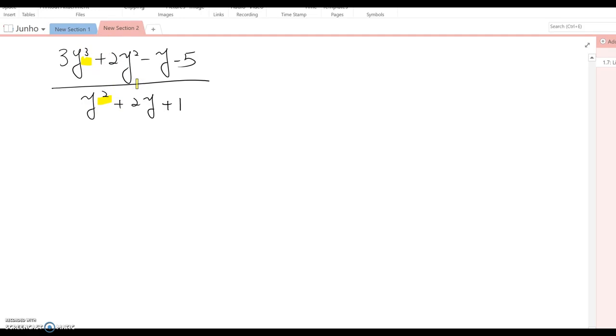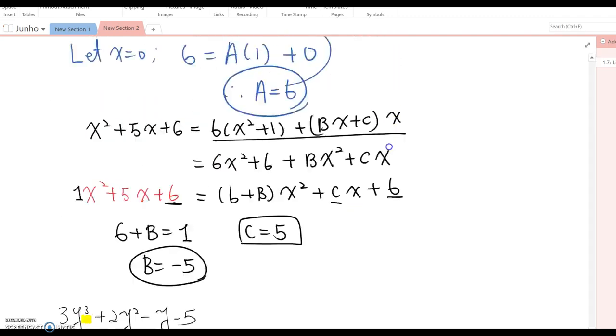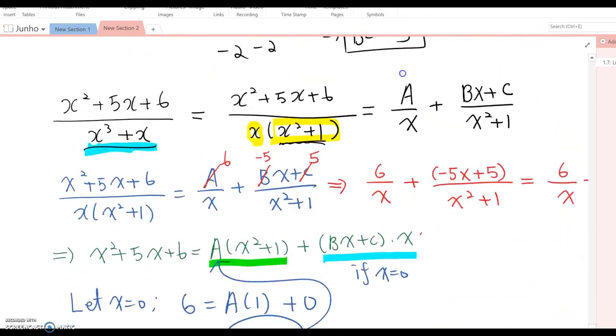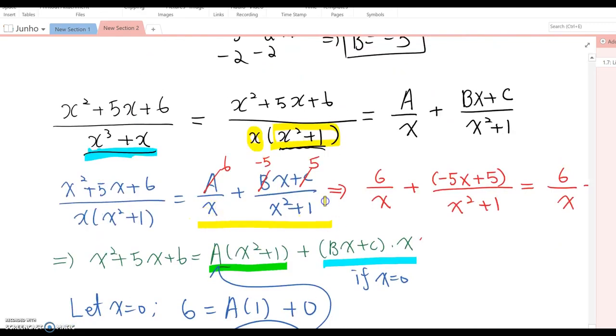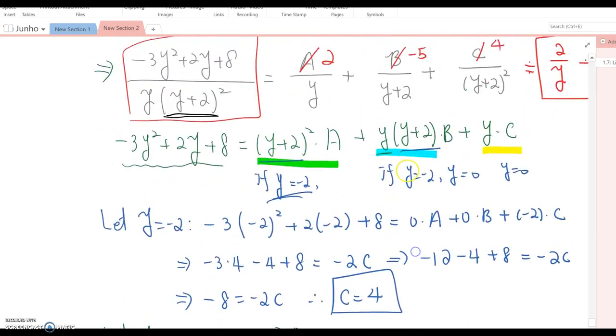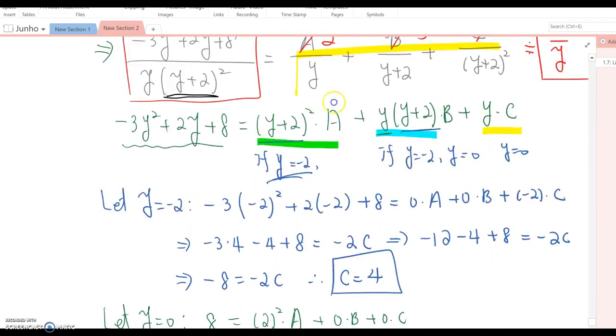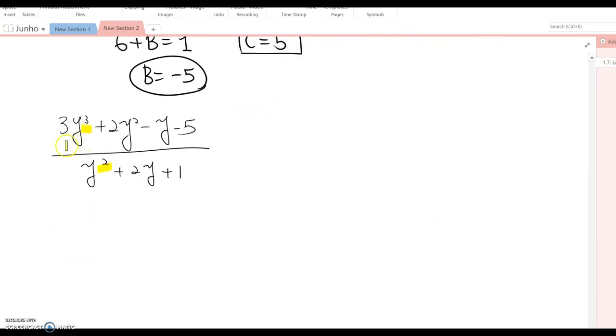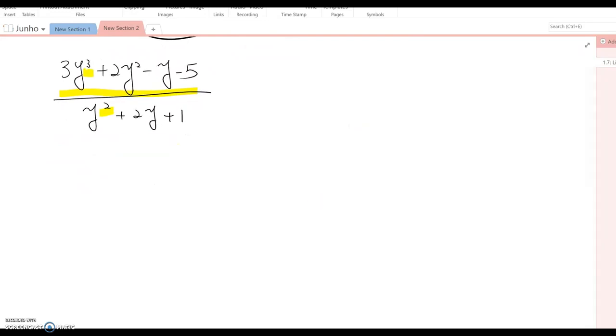So before we set up partial fractions like in some previous questions, in a form like this or like that, we need to make a division so that the numerator degree is smaller than the denominator's. Okay, the most well-known method is long division.